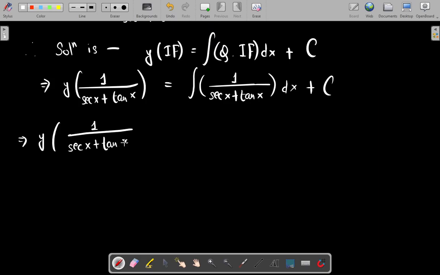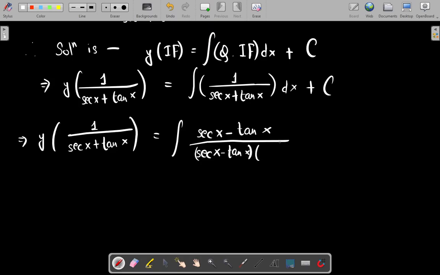So I keep the left hand side as it is, y times 1 upon sec x plus tan x, and there is no direct formula for this, right? So let me try to rationalize this term. I multiply 1 upon sec x plus tan x, numerator and denominator, with sec x minus tan x. So this becomes sec x minus tan x in the numerator and sec x minus tan x times sec x plus tan x in the denominator, dx plus c.